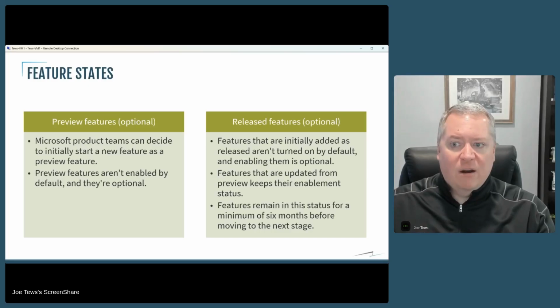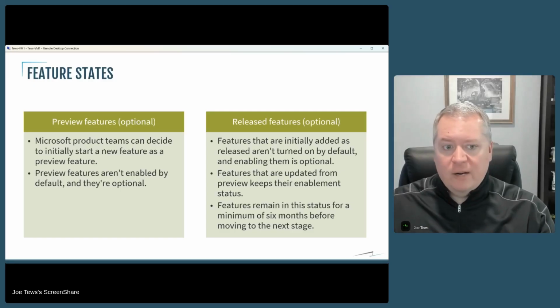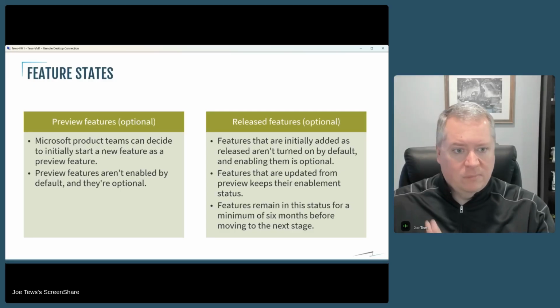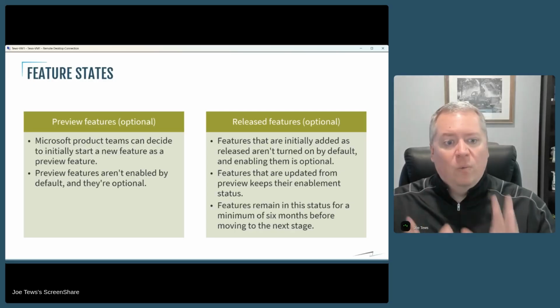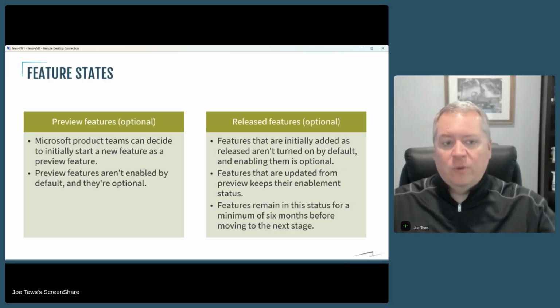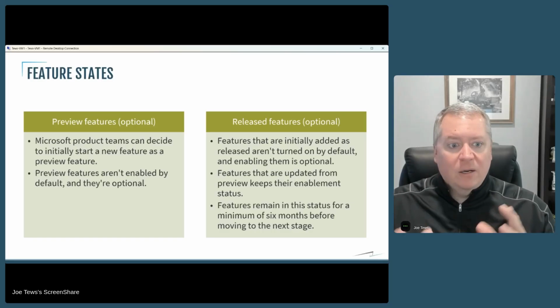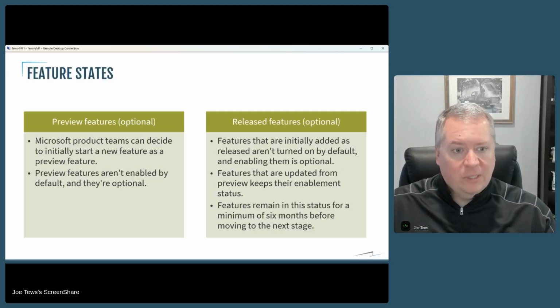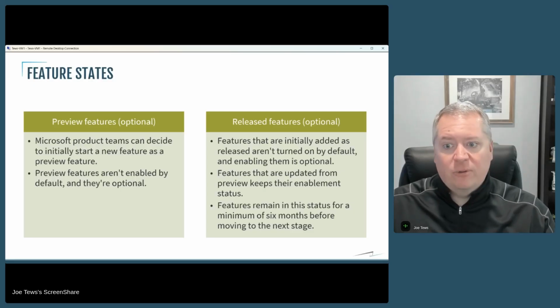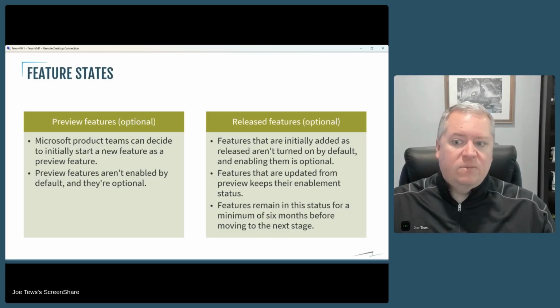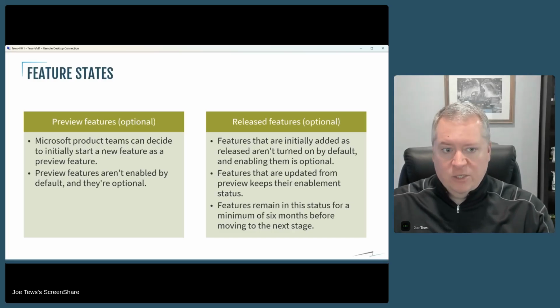Any features that are updated from preview are going to keep their enablement status. So if you turn on a feature in the preview state, once it becomes a released feature, it will still be on. You don't have to go turn it back on again. And one of the good things to know here is features will remain in a release status, meaning they're still optional, for a minimum of 6 months before they move to the next stage.